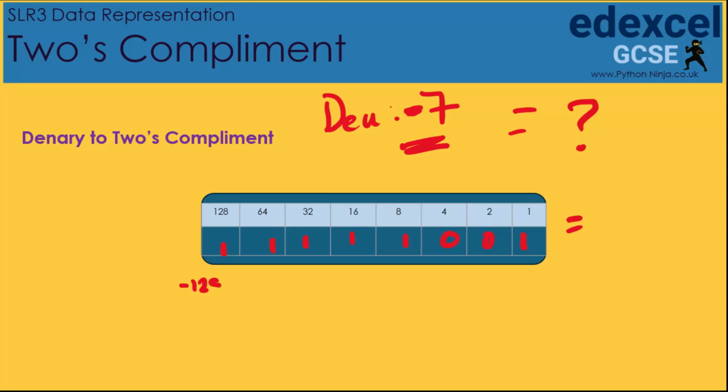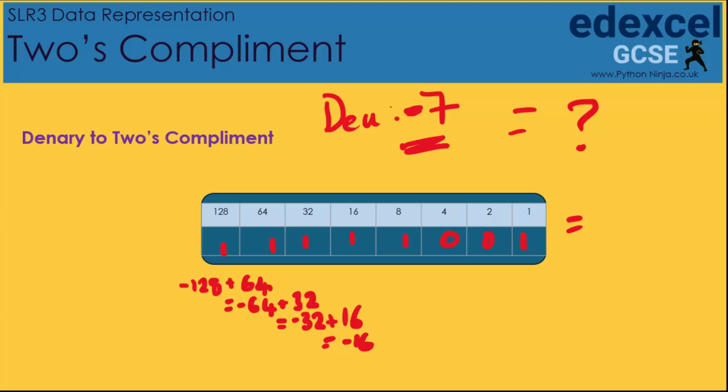Minus 128 plus 64 is minus 64. Minus 64 plus 32 is minus 32. Minus 32 plus 16 is minus 16.